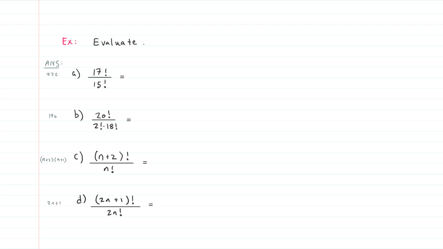The first one will be 17 factorial over 15 factorial. So let's start writing out 17 factorial. We have 17 times 16 times 15 times 14. And we're going to keep going here because we've got a lot of stuff there, but just for the sake of space, I'm going to use dots for all the stuff in between, and I'll have times 2 times 1.